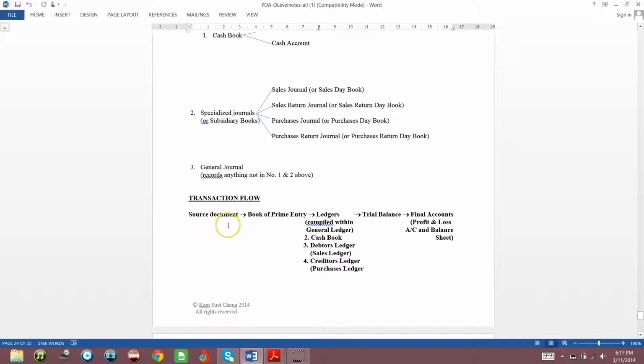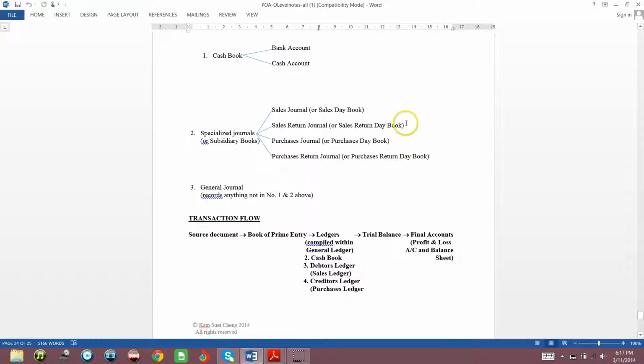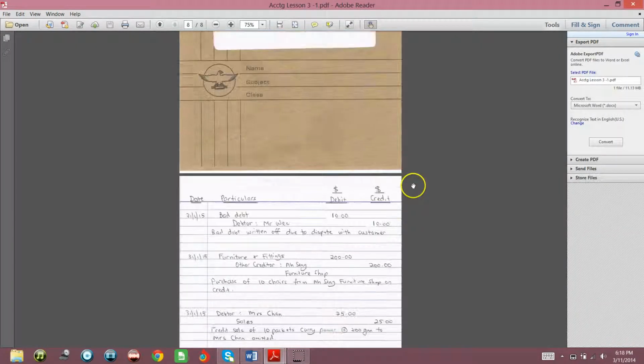Okay, so from your source document, practically you post to your book of prime entry. These are the first book of account, the first book that you record your accounting information. You see, everything we do has a practical purpose. So we can see the practical purpose of a book of prime entry here.